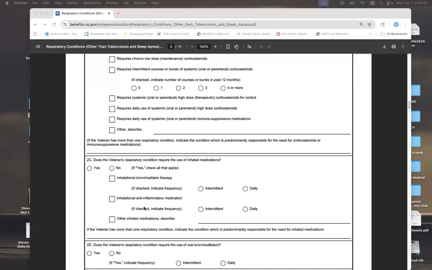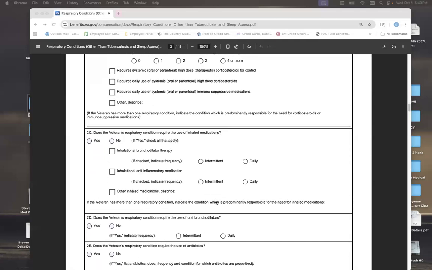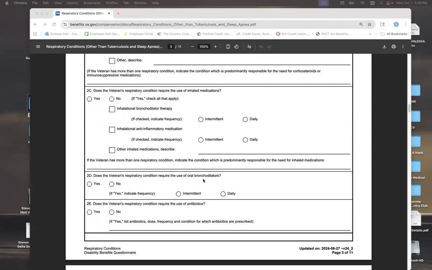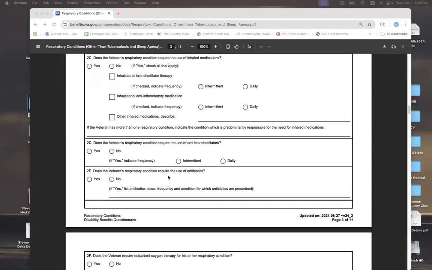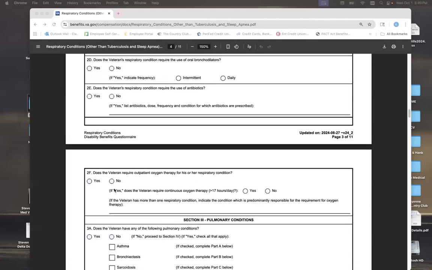Okay, this is going to be those medications or any other medication as well. Any oral bronchodilator use would be marked in this section, and any antibiotic use would be here. And then indicating if there's oxygen.